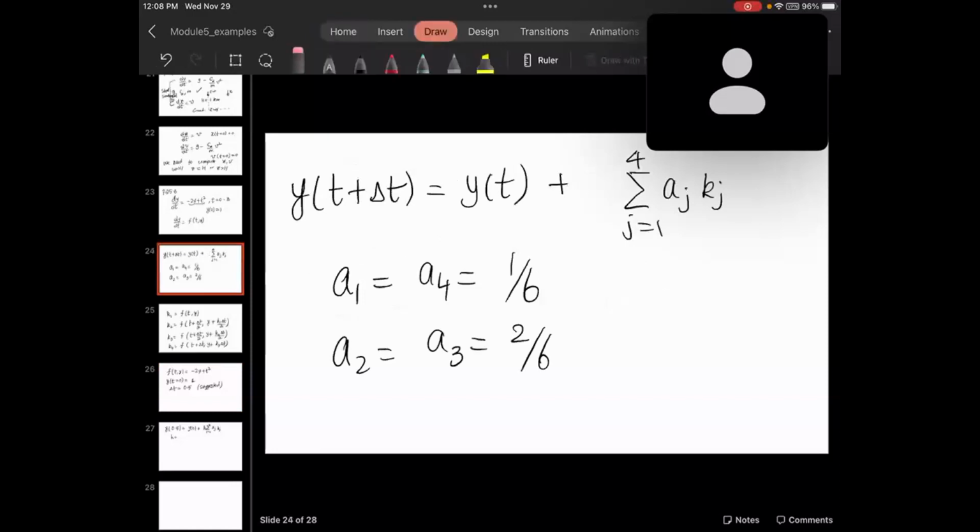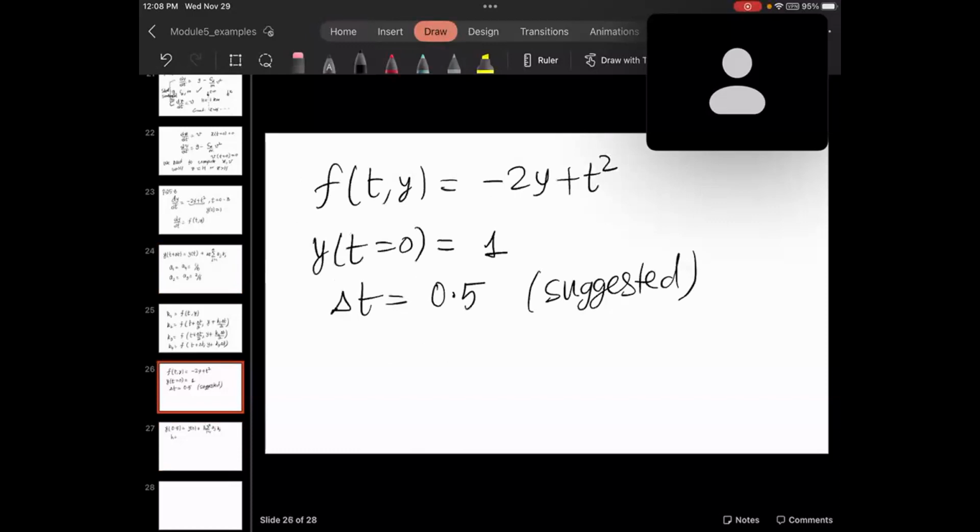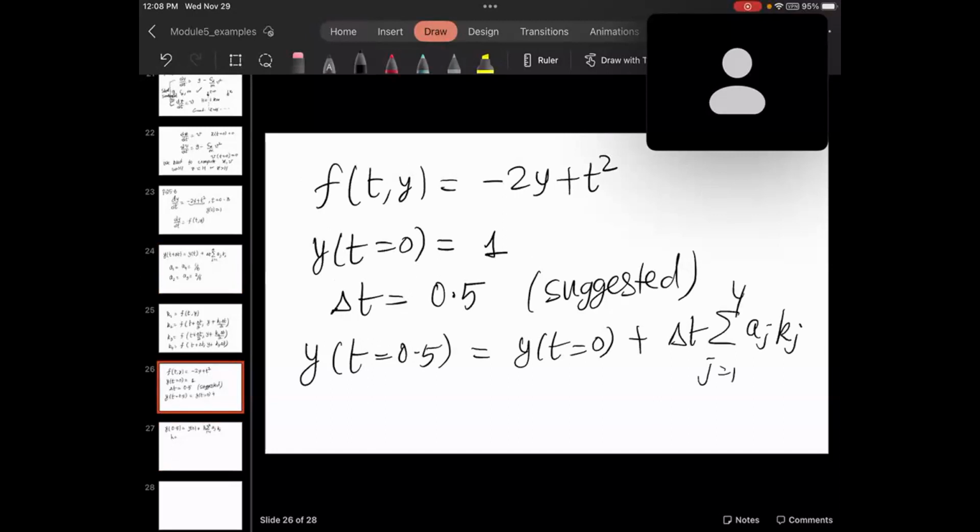Sorry, I've been using delta t, so I'll just put it here. So over here I will have y at t equals 0.5 equals y at t equals 0 plus delta t multiplied by aj kj, j equals 1 to 4. This is where we start. This value is 1 as given, and this is what we are trying to calculate. And this value of course is 0.5.